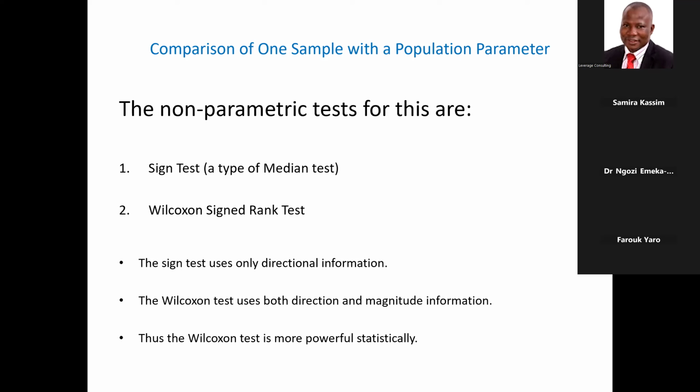The Wilcoxon test uses both direction and magnitude of information. Magnitude means it's able to at least give a number, but the other one does not give a number. It's directional. Is the Wilcoxon test more powerful statistically?